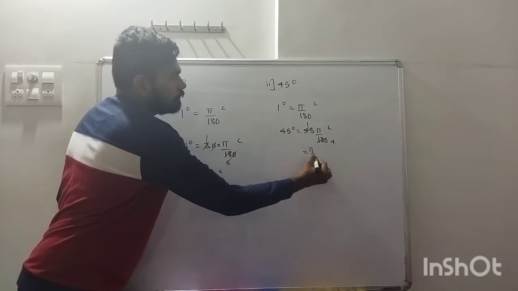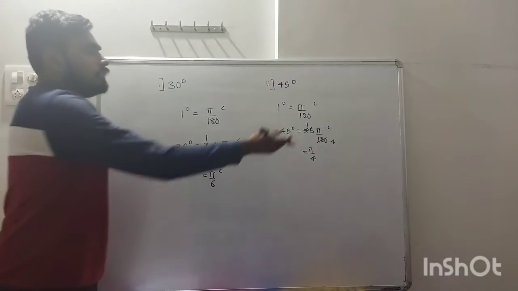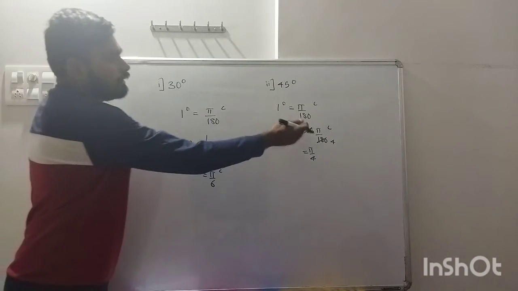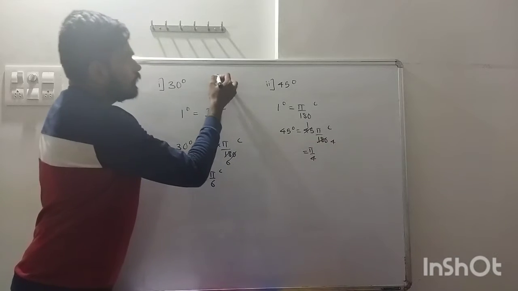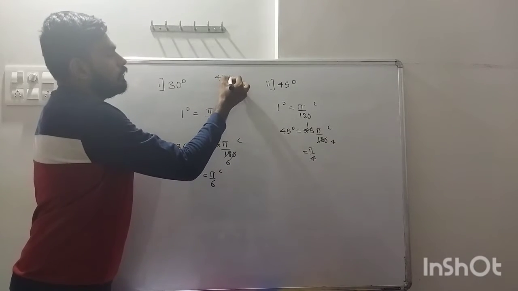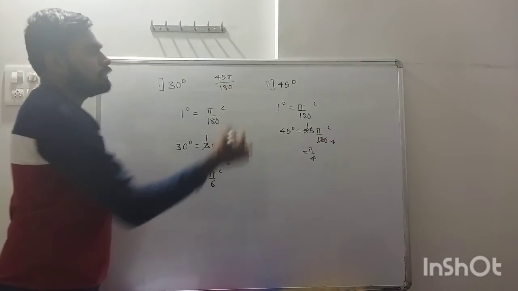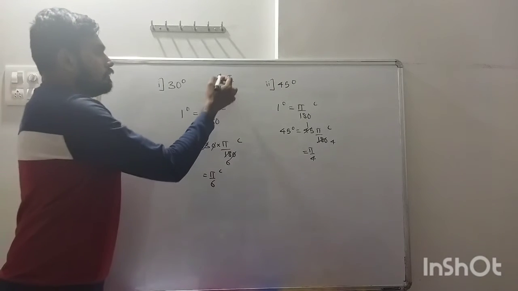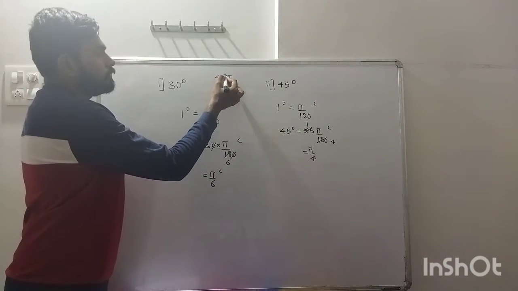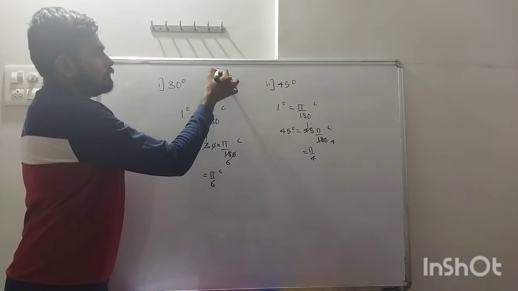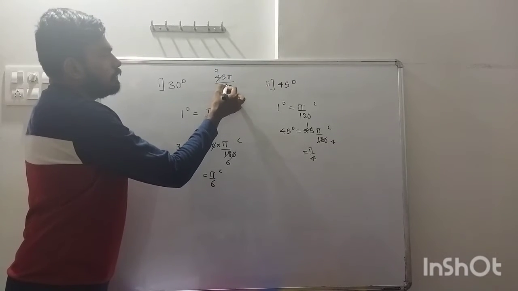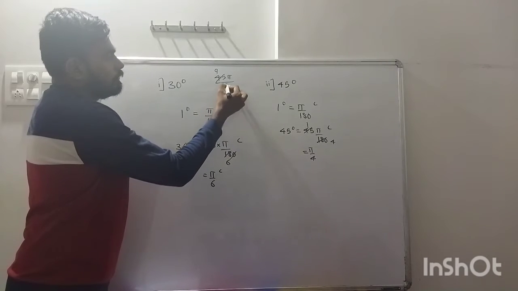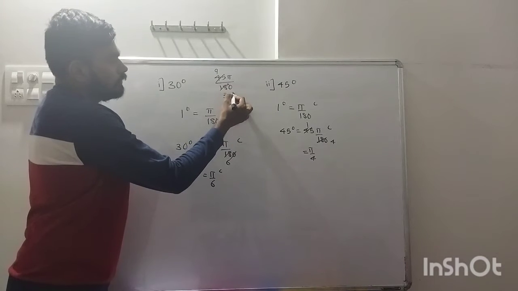Pi upon 4. Or we can simplify this using 5. 45 upon 180: if you are not able to do it directly, you can do it like this. 5 into 9, and this is 5 into 36. 5 3s are 15, 3 left, 6.